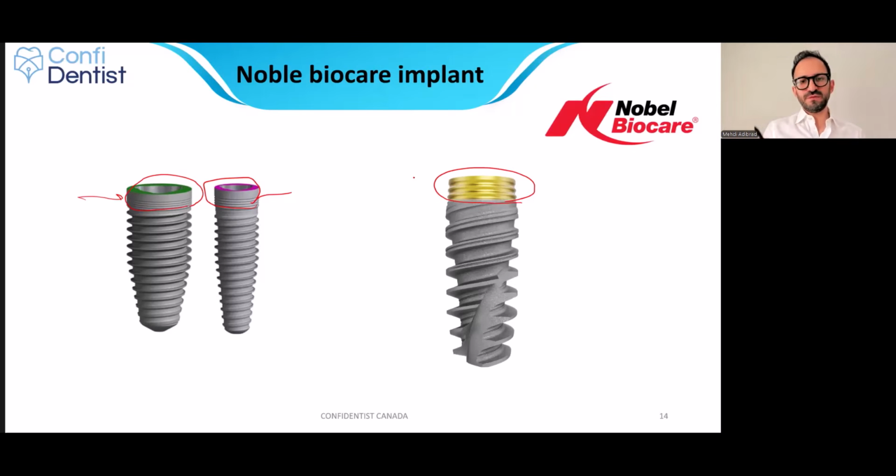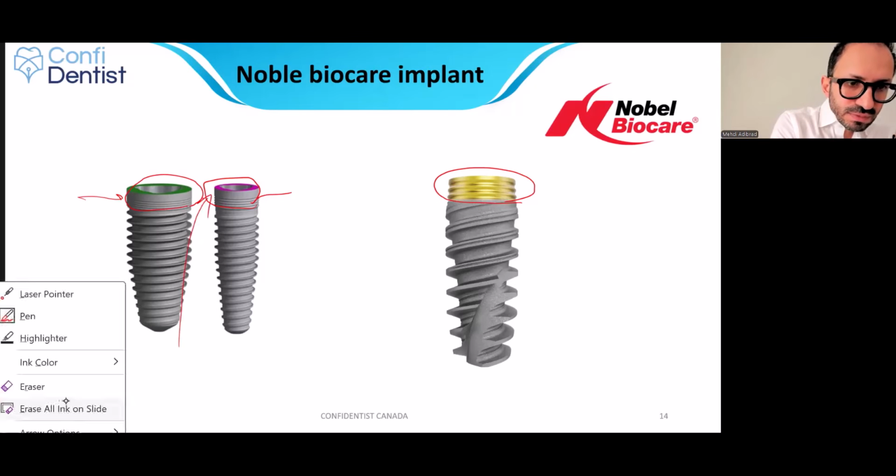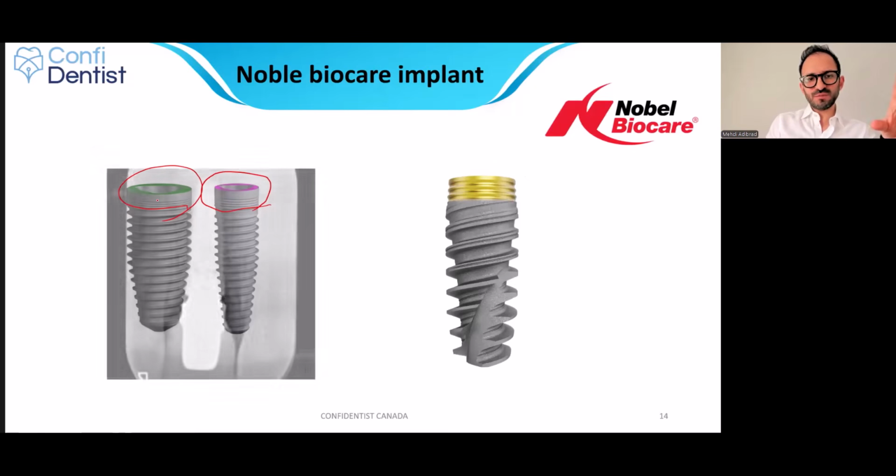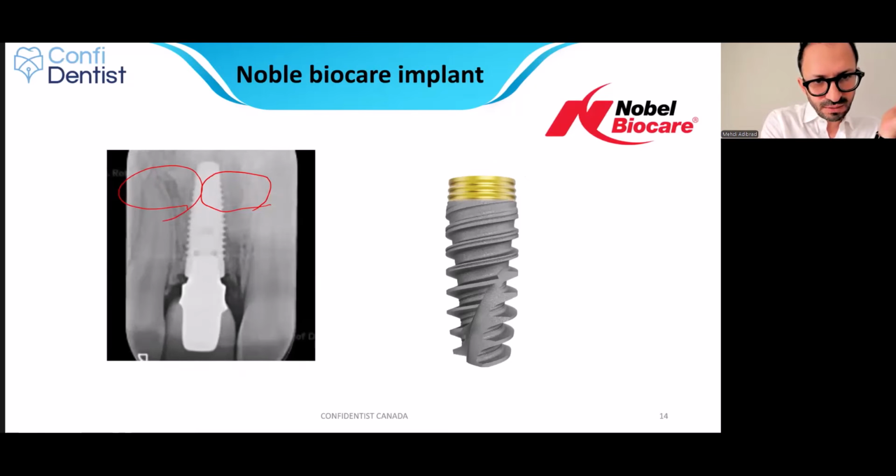Okay, it's very clear micro thread design that can sometimes become a little bit confusing. But right now, Nobel Biocare implant designs all have platform switching, okay? The bone level, obviously. So once I see the platform switching, as I see here, I can say, okay, this is a bone level implant.